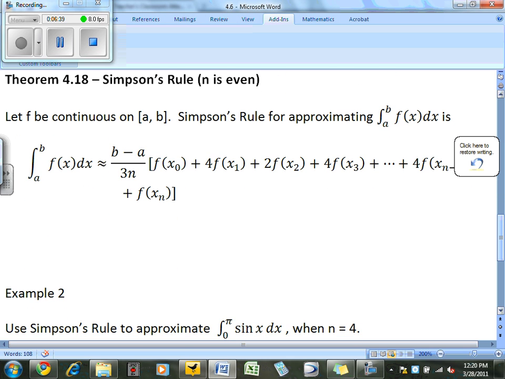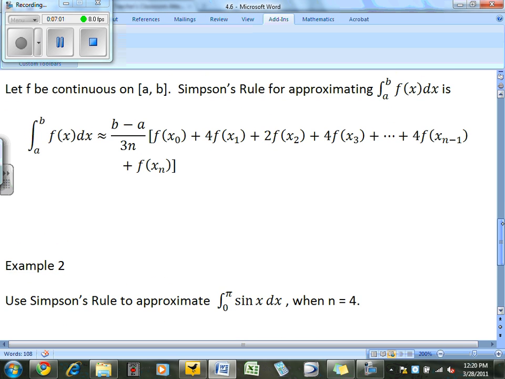Okay, so one more thing that could make it simpler, we can use Simpson's rule also to approximate an integral. If we're given n to be even, we can use Simpson's rule here. So if our n is even, so we're breaking up into an even number of them, we just go our upper limit minus our lower limit divided by 3 times n, and everything's the same yet.